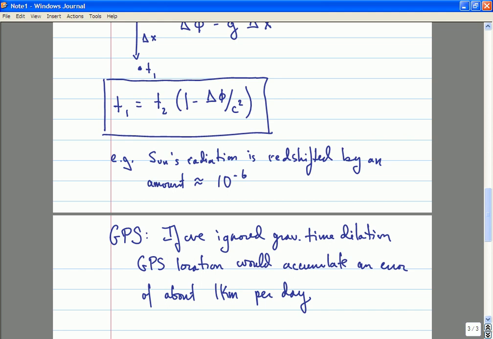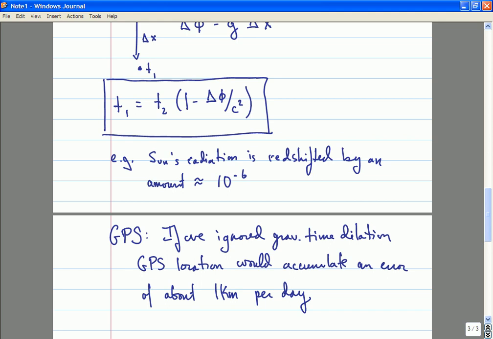I should emphasize here that even though I've derived these formulas for the gravitational redshift and gravitational time dilation using the fact that the potential is constant, and that the equivalence principle is a relationship between relatively small regions of space where the gravitational potential is effectively constant and accelerating reference frames, in fact these formulas are often practically very useful even in very large regions of space where the potential is mostly constant but not particularly constant.